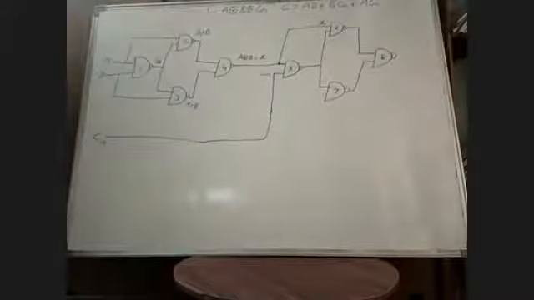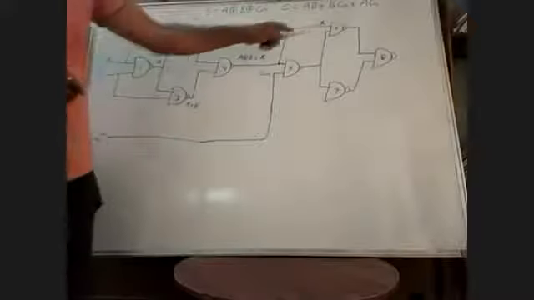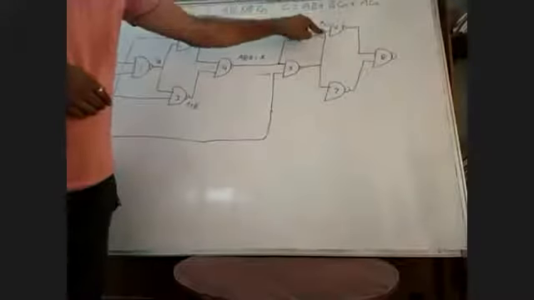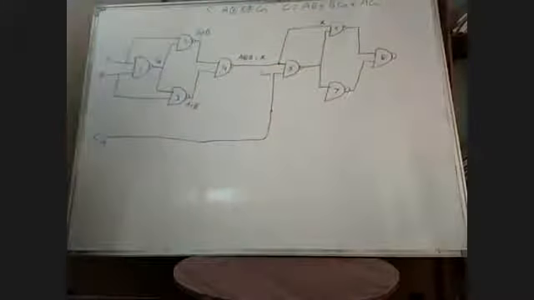Now what are the remaining things? Here 2 inputs are connected. What about 7 now? For 7 we are connecting from A plus, sorry, this is connected to this, and this pin is connected to 3.